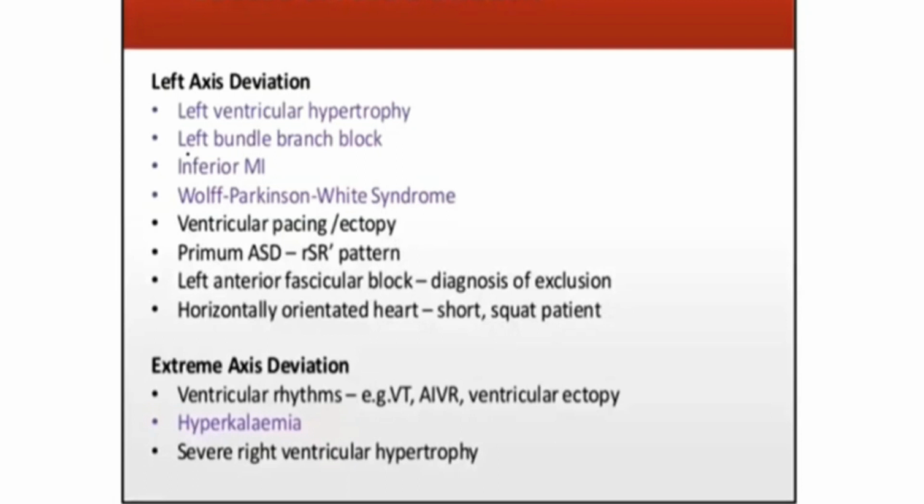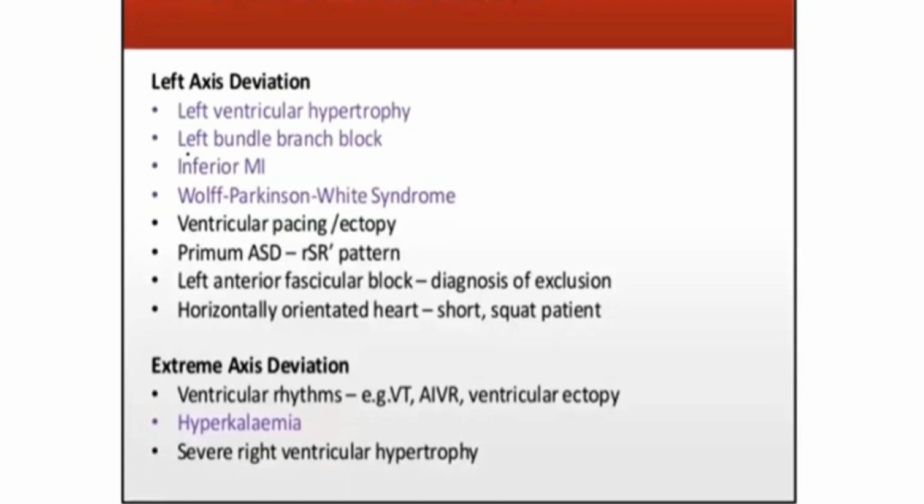Remember important causes of left axis deviation: left ventricular hypertrophy, left bundle branch block, inferior MI, Wolff-Parkinson-White syndrome. Wolff-Parkinson-White syndrome basically shows both left axis deviation and right axis deviation. Then we have ventricular pacing or ectopy, left anterior fascicular block.